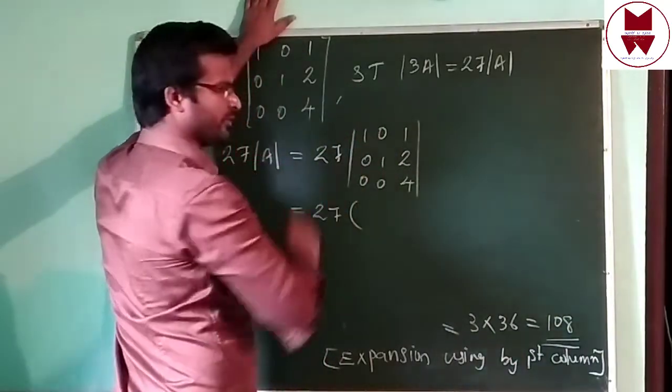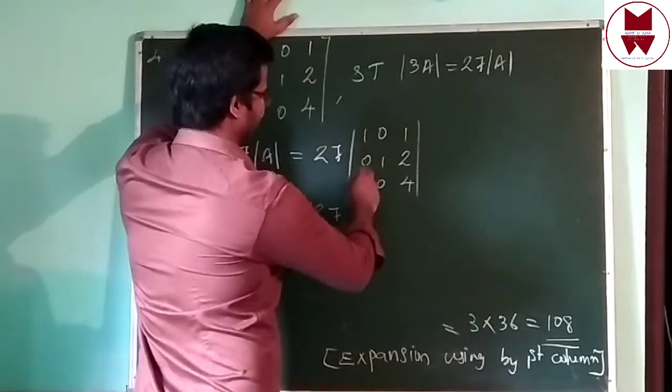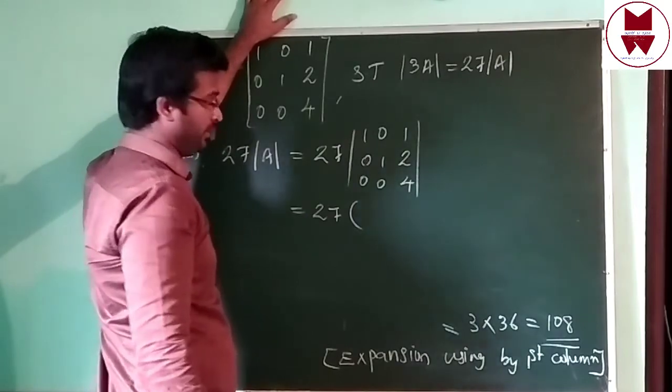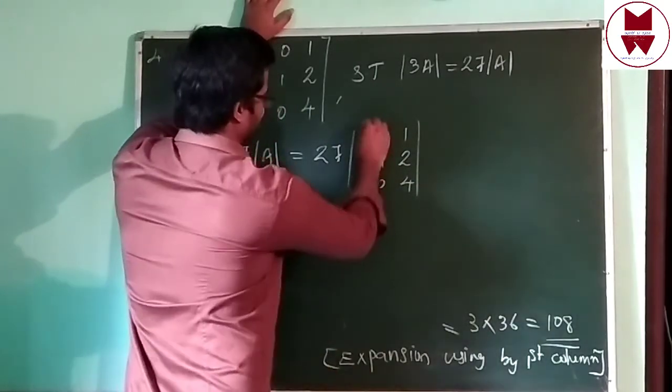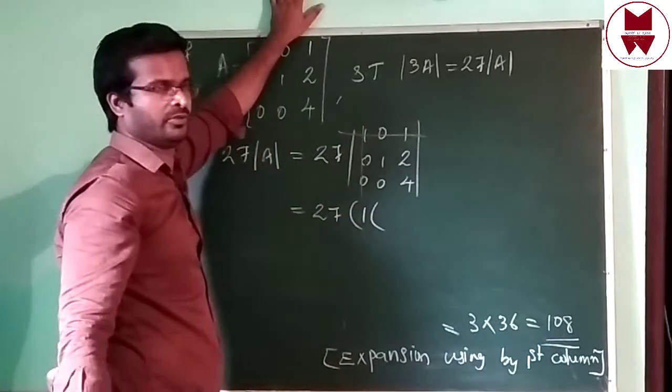Here also we can use the first column because 2 of the elements are zeros, isn't it? That is why we can write 1 into the first column first row, just leave it.